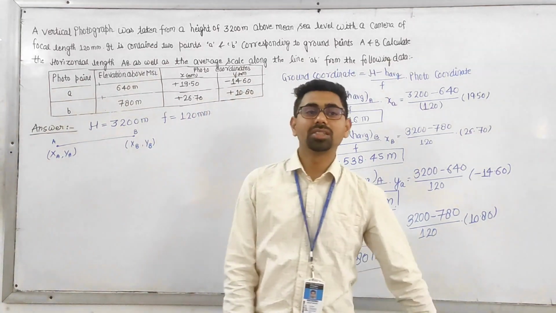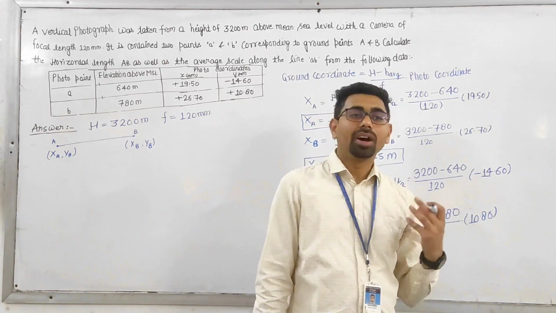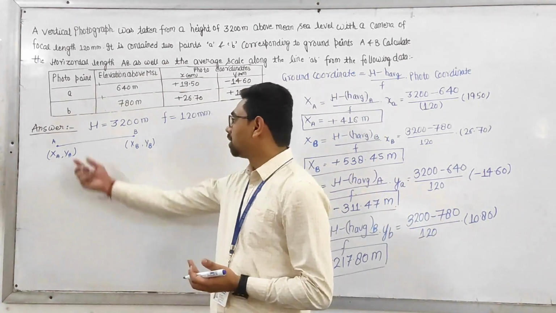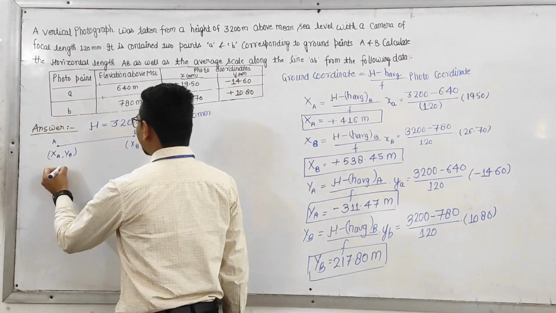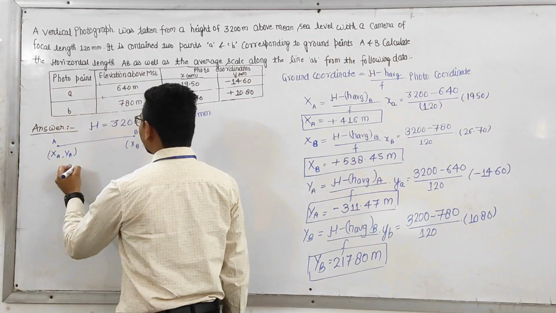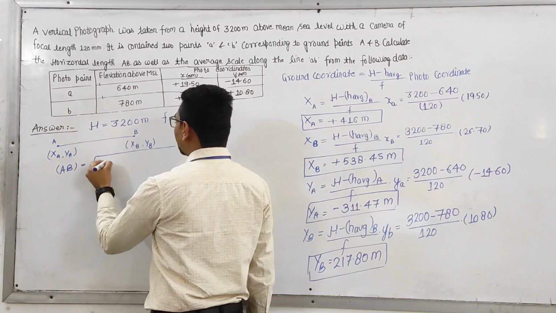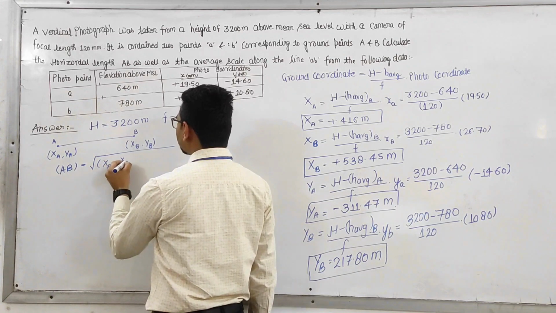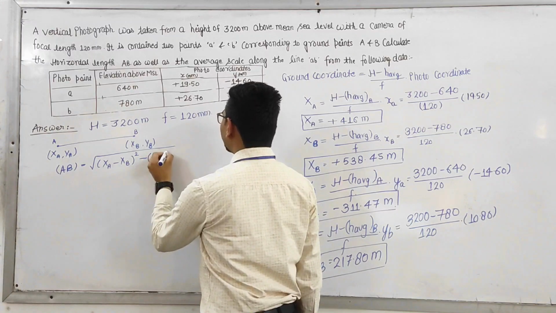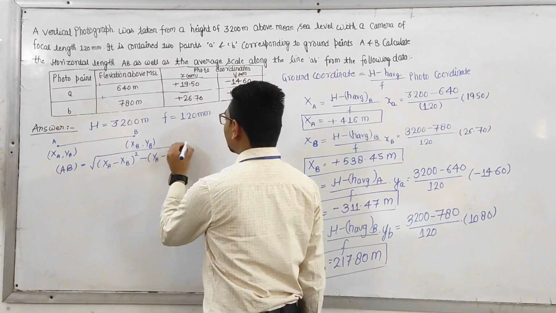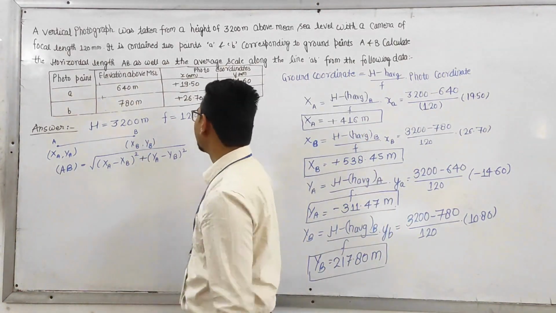If we calculate the distance between 2 points using geometry, the formula for calculating the distance between A and B is equal to the square root of XA minus XB all squared plus YA minus YB all squared.